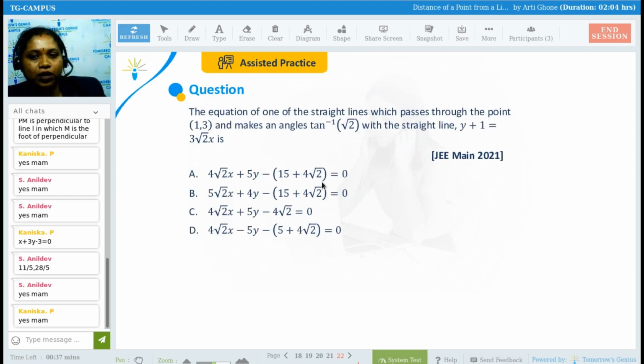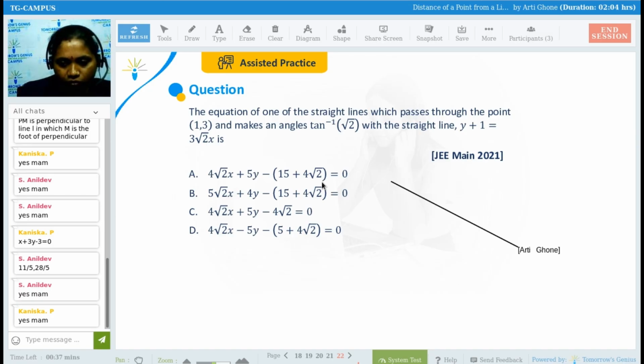Now, next question. The equation of one of the straight lines which passes through the point 1, 3 and makes an angle of tan inverse root 2 with the straight line y plus 1 is equal to 3 root 2 x is. Now, see what the question is. We have one straight line already with the equation y plus 1 is equal to 3 root 2 x.